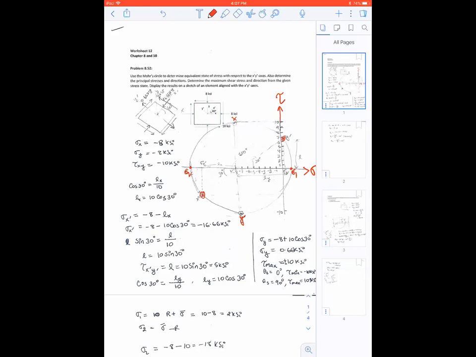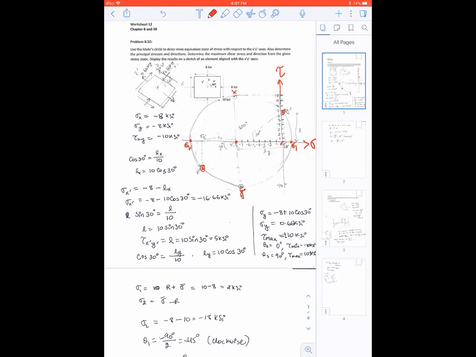Okay, so how much is my sigma 1? Well, sigma 1 would be, if you recall, this is the center of your circle. So from here all the way to sigma 1 is the radius of your circle. And you know the value from origin to the center of the circle. So your sigma 1 is basically this value.